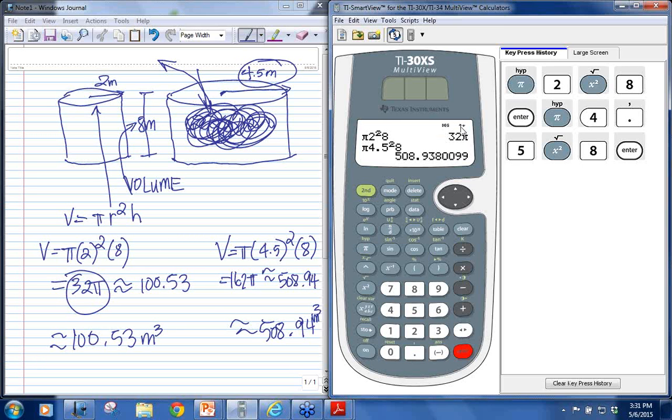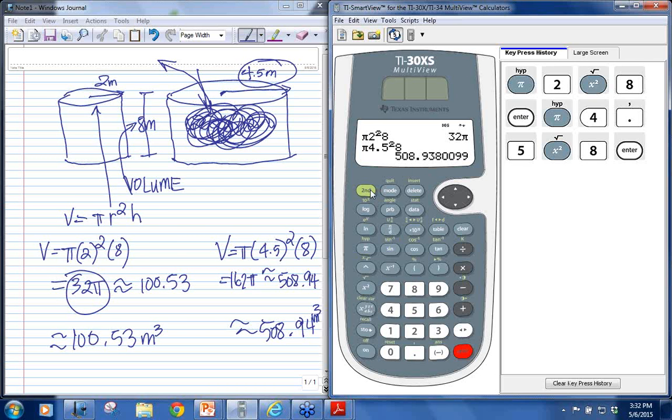Okay, let's just say I wanted to use the 32 pi value and enter it, let's say, times the price of digging up dirt. If you want to reuse that and multiply it by the price per cubic meter of dirt that you remove from the hole, if you're a contractor, then you can easily pull that up.